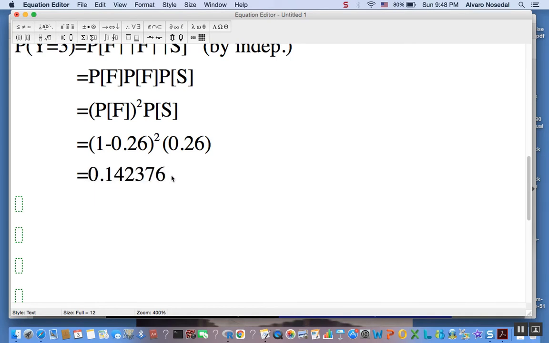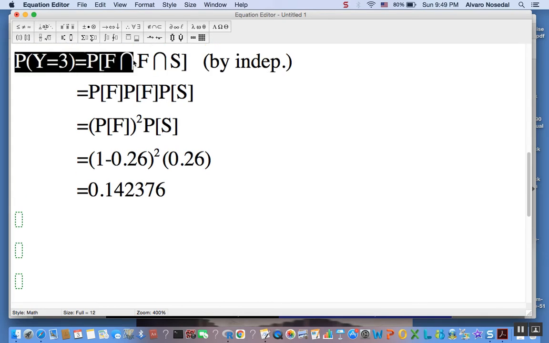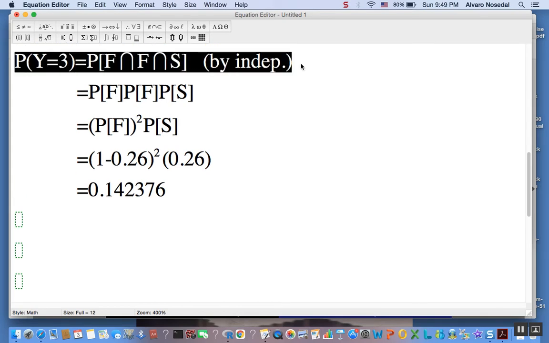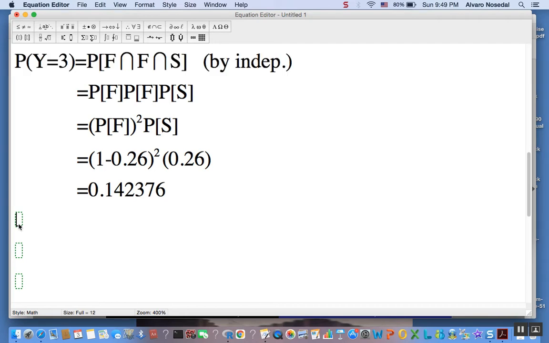Let's do 4, and then we are going to provide a formula, an expression in the case of k, where k is going to represent a number that is greater or equal to 1. Okay, so let's do the same for 4, and then we are going to find the general expression.